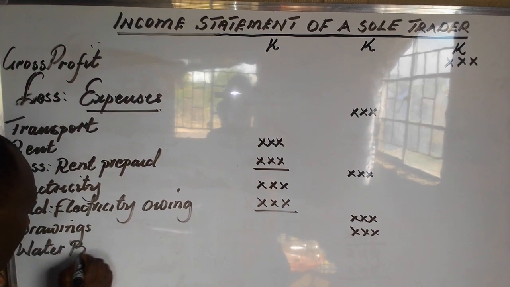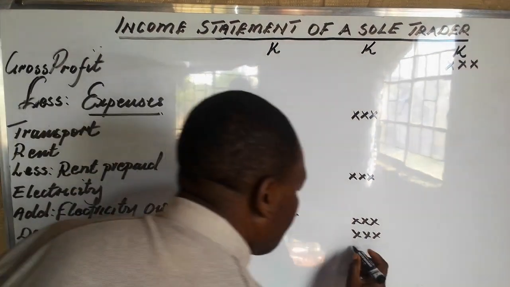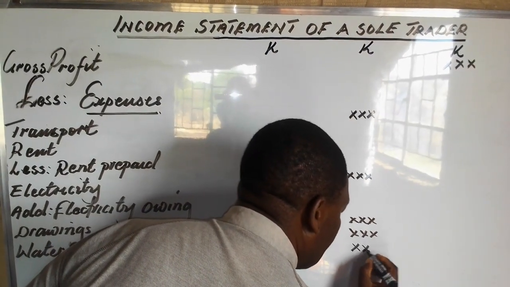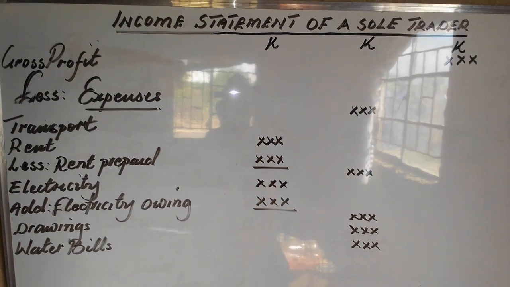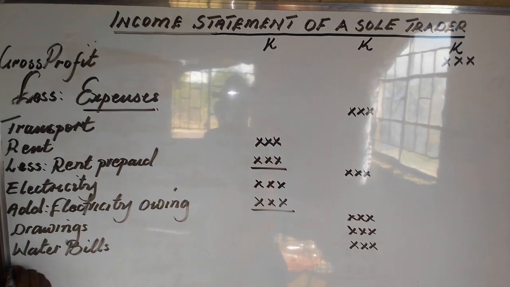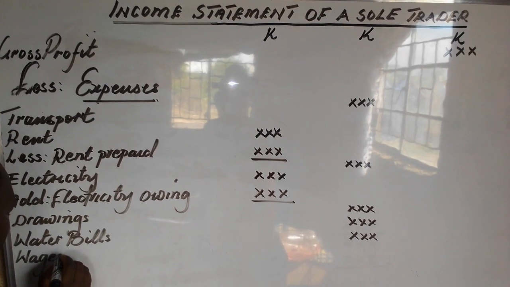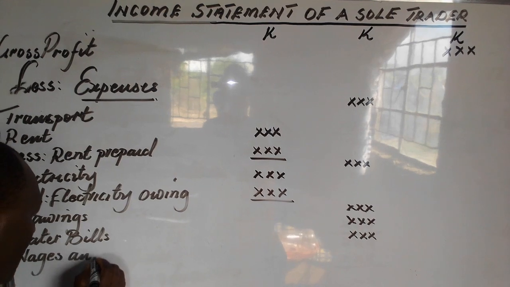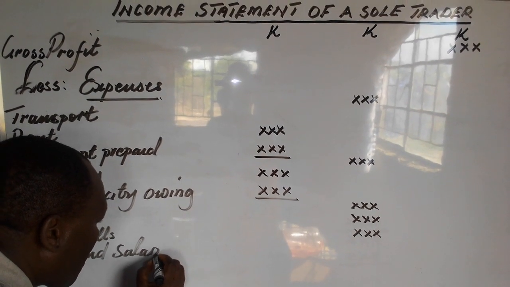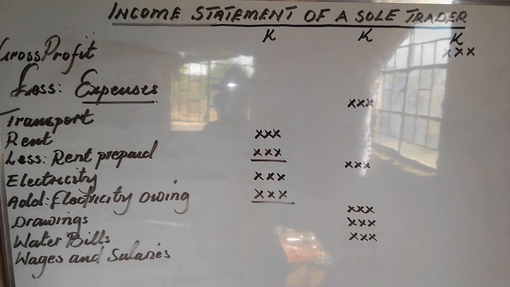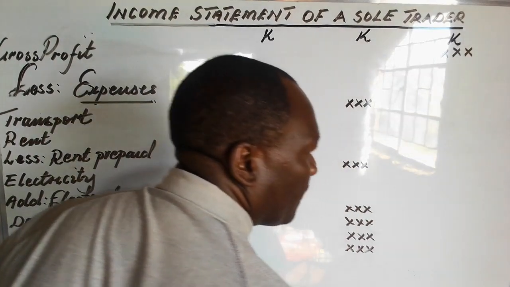The figure has no adjustments, it comes there. Then you have wages and salaries. The figure comes there, it has no adjustments.